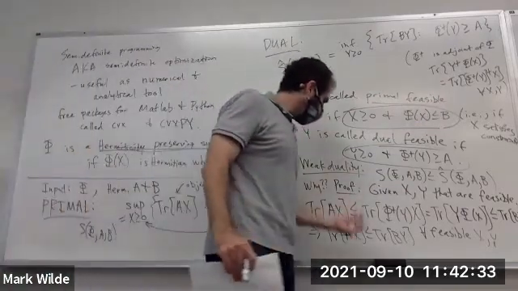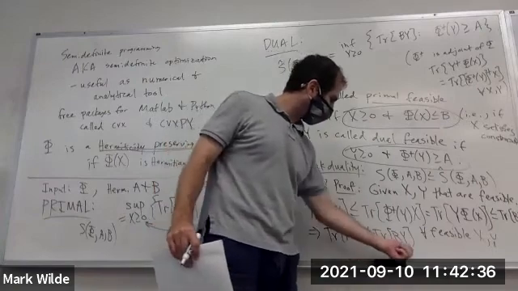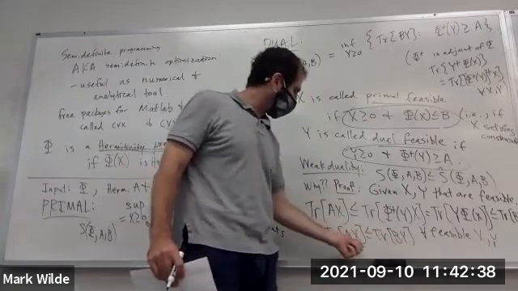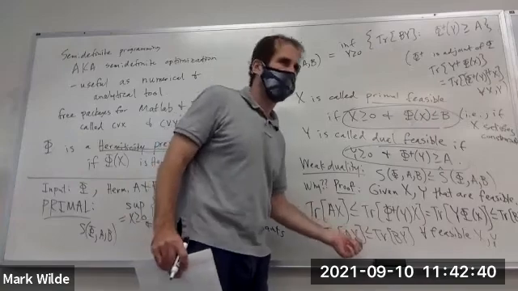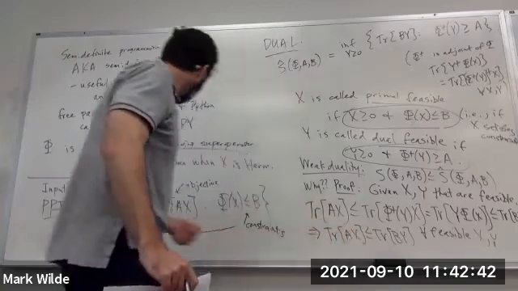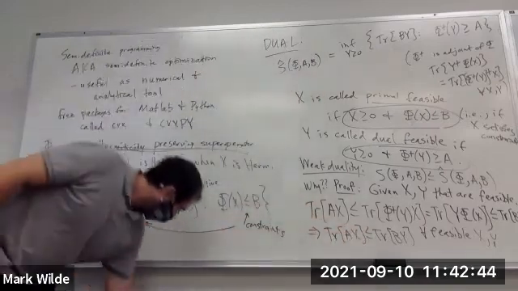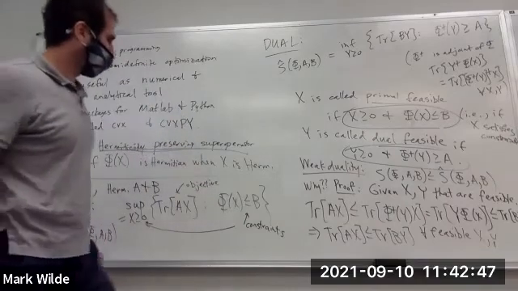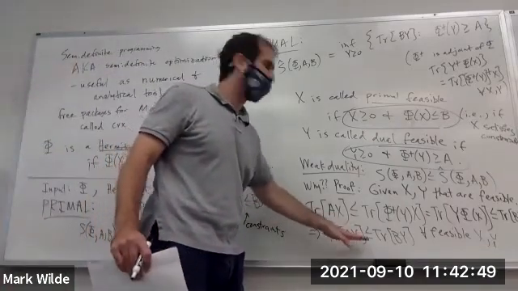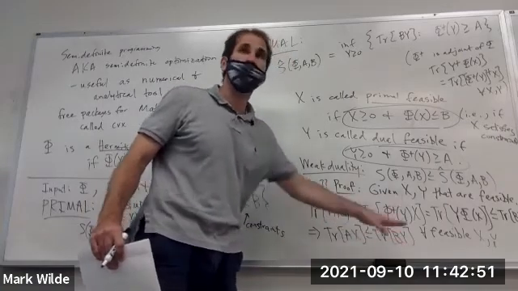This inequality holds for all feasible X and all feasible Y. That means I can take the optimal X, so I can maximize the left-hand side and minimize the right-hand side, but it's still true.